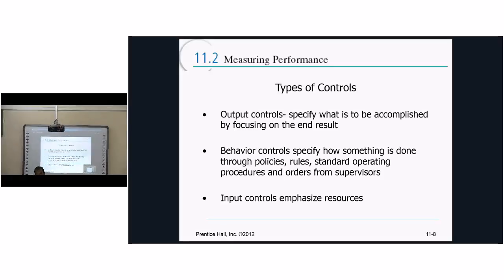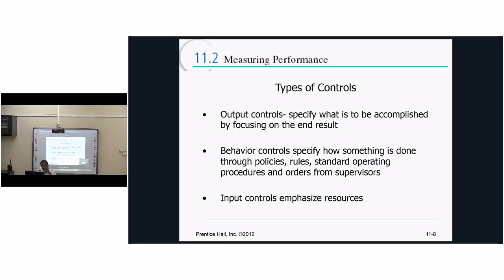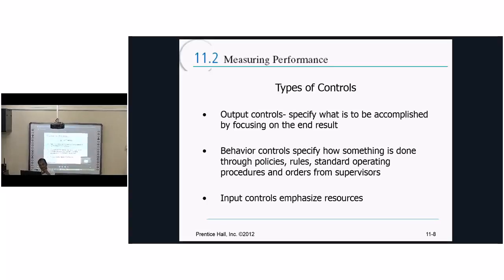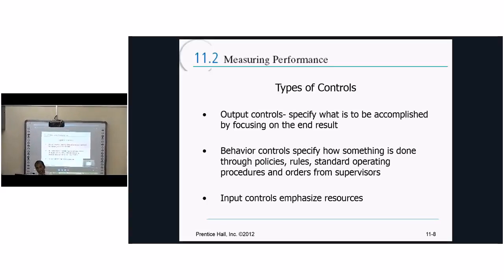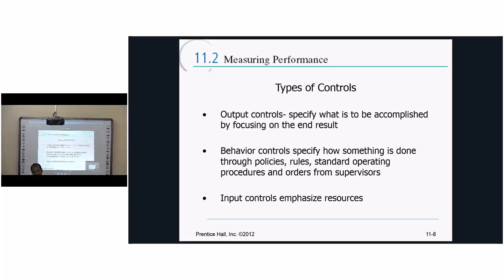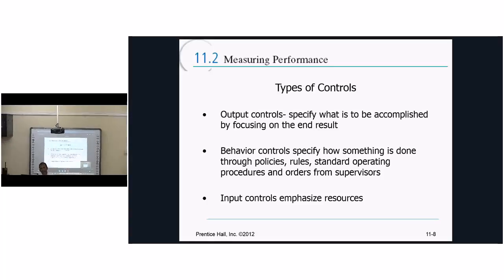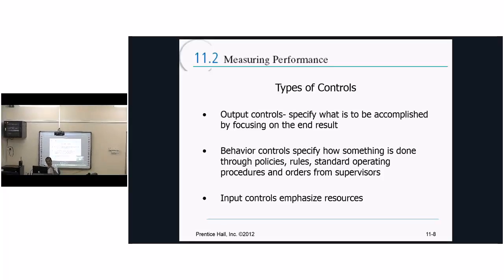So things that we measure, profit, gross profit, almost all the financial measures that we do are output controls. Inventory turnover, debtors period, creditors days, debt to equity ratio, profitability, gross margin, all these things are output controls.